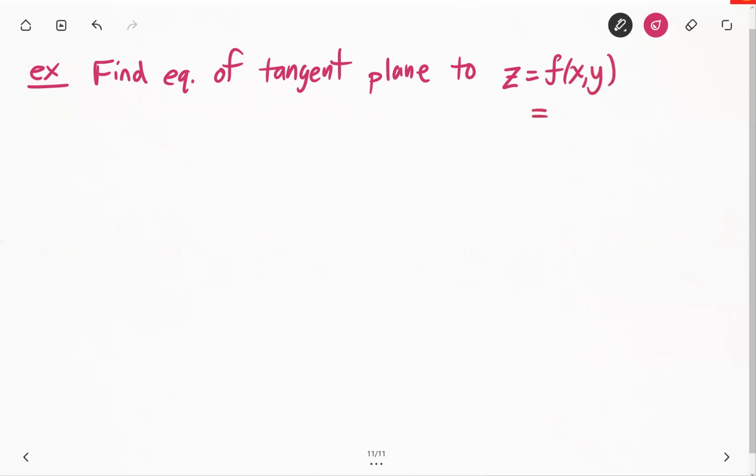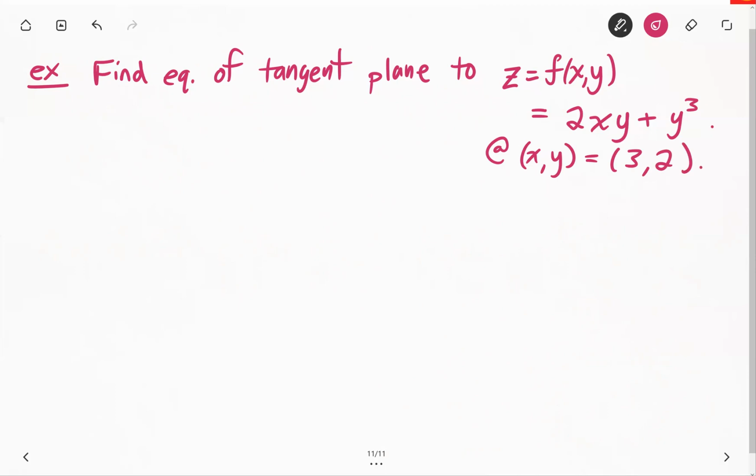Let's make this one 2xy plus y cubed at (x, y) equals (3, 2).